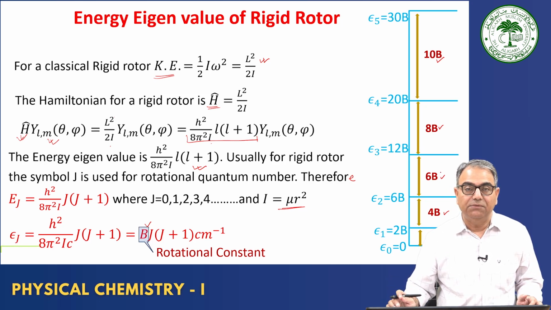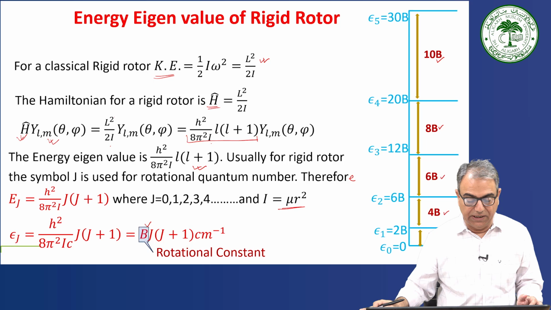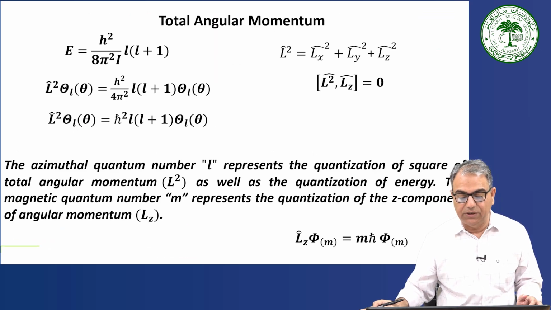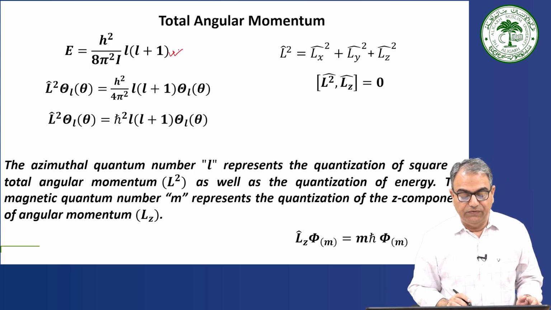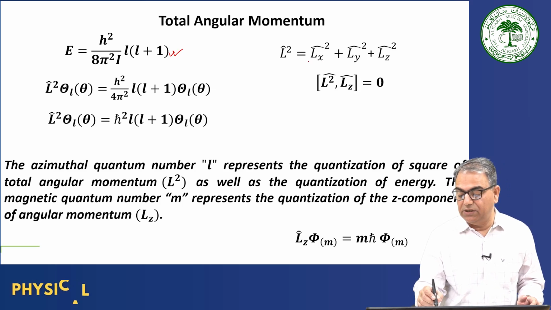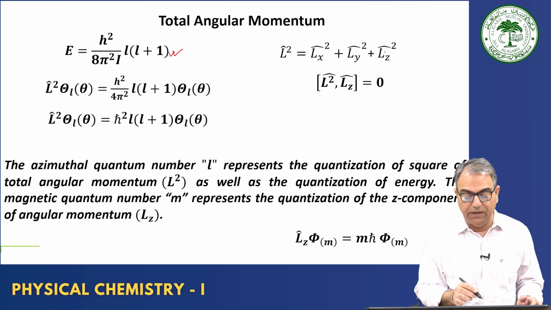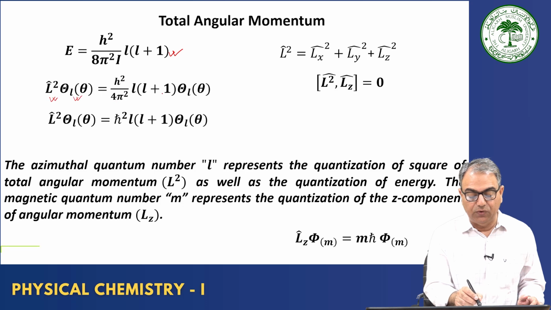Whether all these transitions are possible or not is given by the transition moment integral. We will talk about this transition moment integral sometime. But before that, if you look at this equation, energy is equal to h square divided by 8 pi square I, and if you use the L square operator, where L square is Lx square plus Ly square plus Lz square, on the theta function, what you get is h square divided by 4 pi square into L into L plus 1.